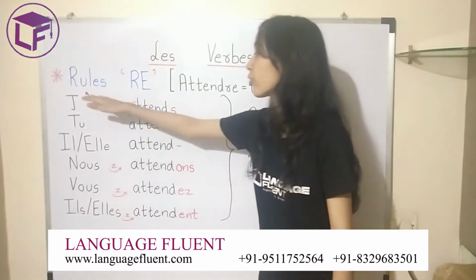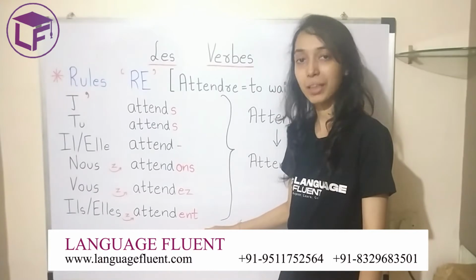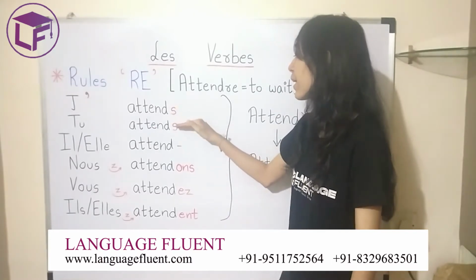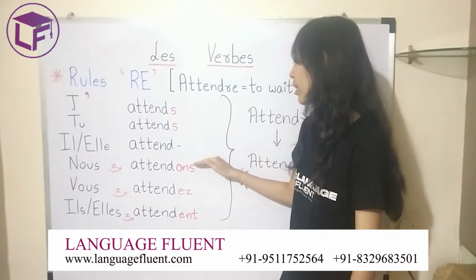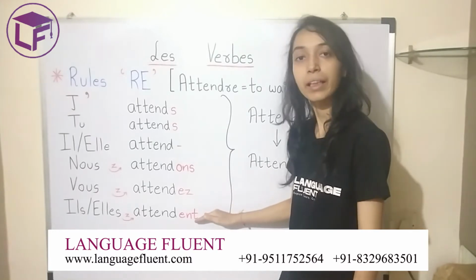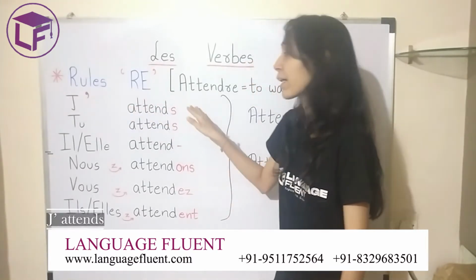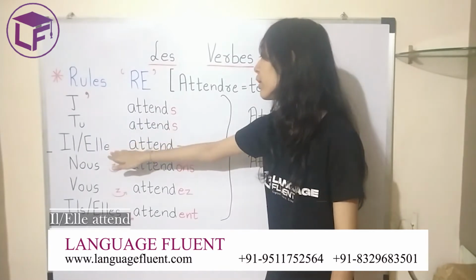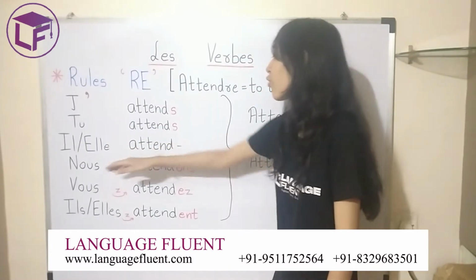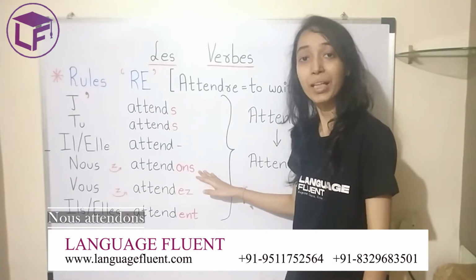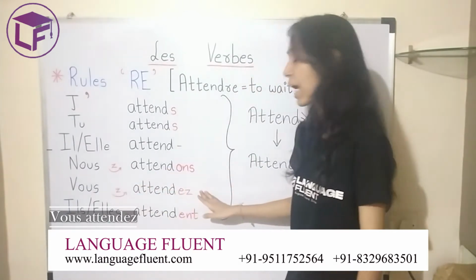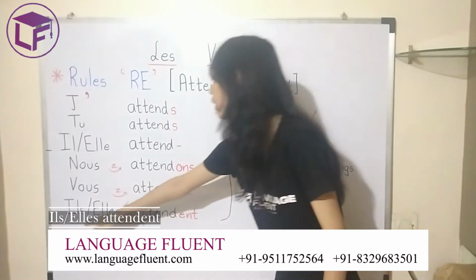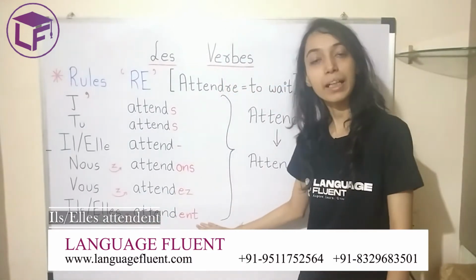And the endings for RE group of verbs are S, S, nothing, ONS, EZ, ENT. For je we add S, for tu we add S, for il, elle there is no ending. For nous we add ONS, for vous we add EZ and for ils, elles we add ENT.